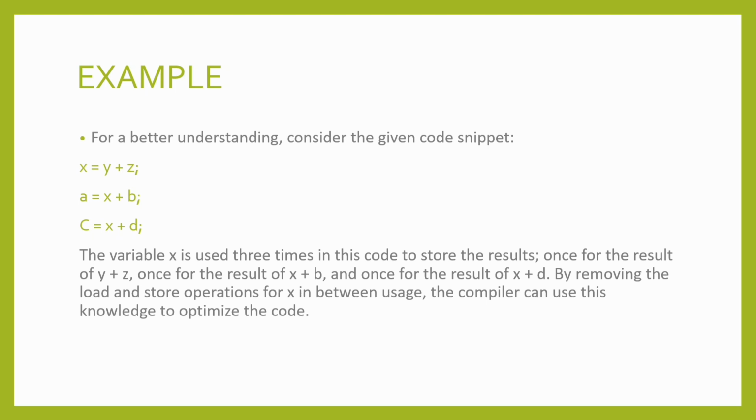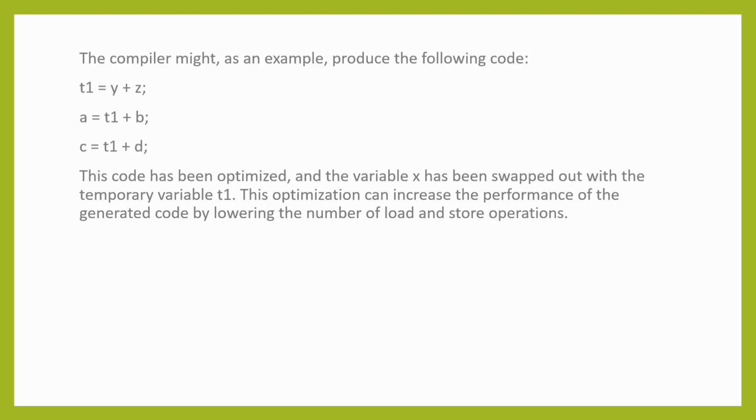By removing the load and store operations of x in between, the compiler can use this knowledge to optimize the code. So let's now have the compiler produce the following code: T1 = y + z, a = T1 + b, c = T1 + d.